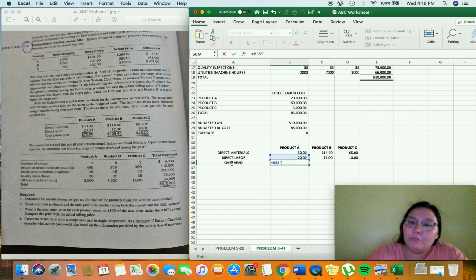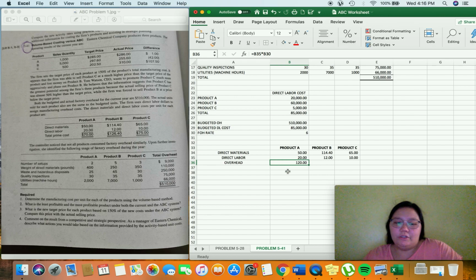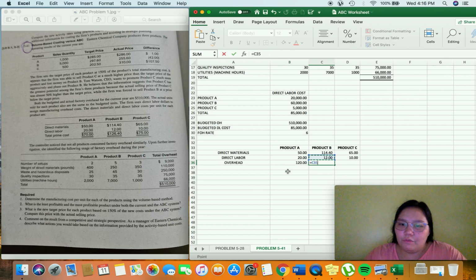So we will simply multiply 20 by 6, and we have an overhead cost of 120 per unit for product A. For product B, we have 12 multiplied by 6, which will get 72. And for product C, we have 10 multiplied by 6, which is equal to 60 pesos.